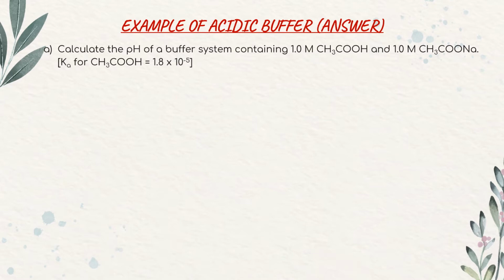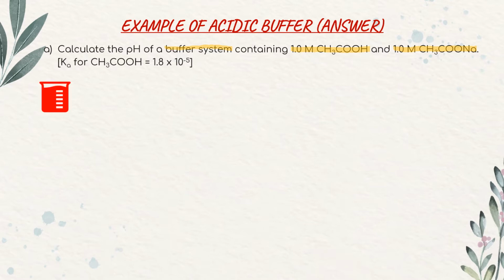Okay. Jadi dekat sini, apa yang awak kena buat adalah, kita highlightkan maklumat yang kita ada. So, the information that we have is, we have a buffer system. Okay, so buffer system kita contains 1 molar of CH3COOH and 1 molar of CH3COONa. So, once you get a question, the thing that you need to do is identify, ada buffer system ke tak?